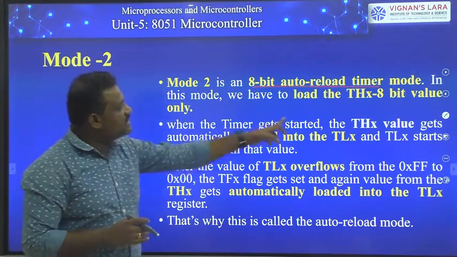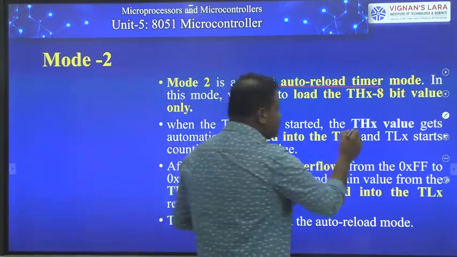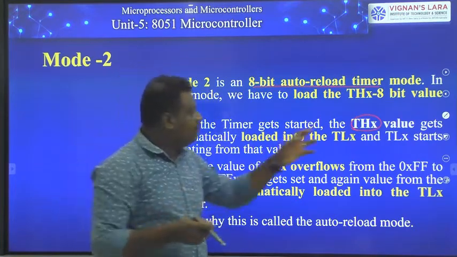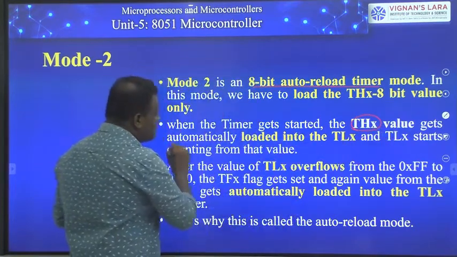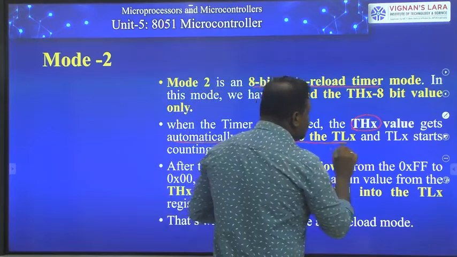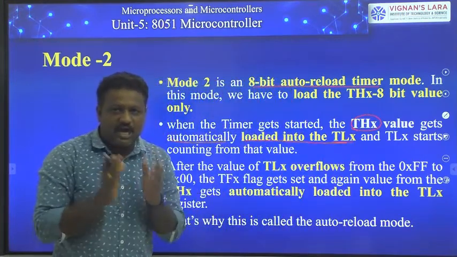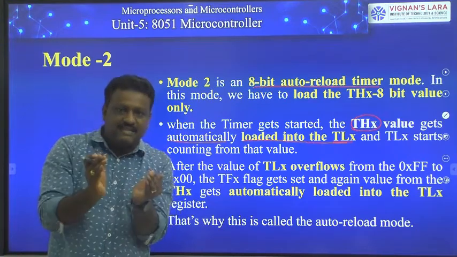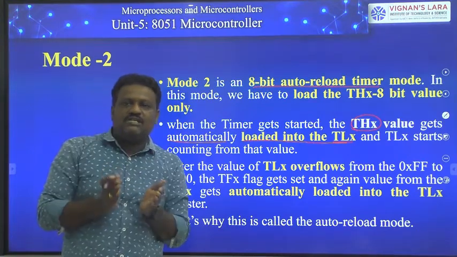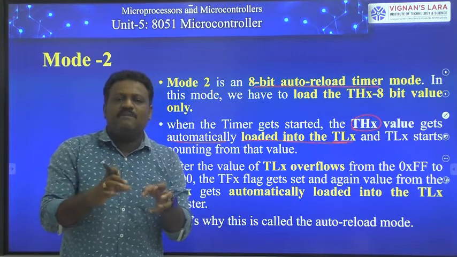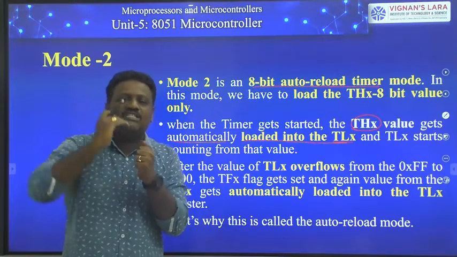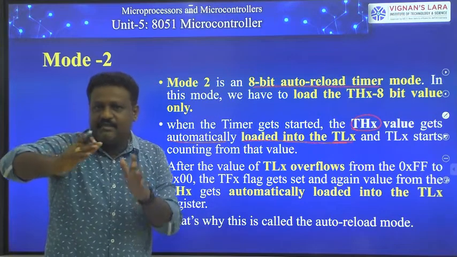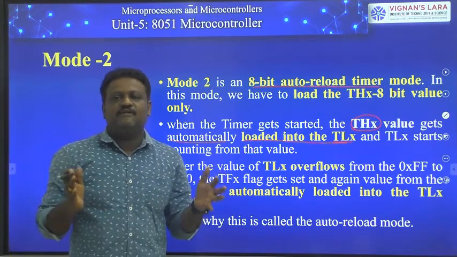When the timer gets started, THx, that means the timer higher byte value, gets automatically loaded into TLx. That means it is the initial value held by the higher order byte of the timer. Once you start the timer operation, the TH value is just copied to the lower byte of the timer, that is TL, then TL starts counting the input clock pulses.